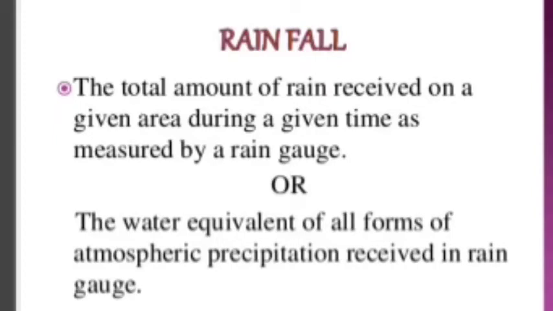But in some areas, mostly desert areas, for example in India the Thar desert in Rajasthan, which receives very little rainfall, it is recorded in millimeters, not centimeters. But commonly, rainfall is measured in centimeters.